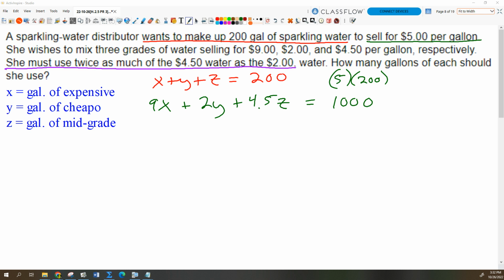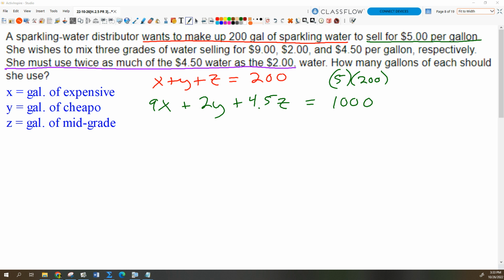Okay, what's another way of saying that? Can you rephrase that in a way that's kinder to the math, so I can translate it to an equation more easily? Instead of saying she must use twice as much of the $4.50 water as the $2 water, doesn't that just mean that the gallons of mid-grade water equal twice the number of gallons of cheap water?